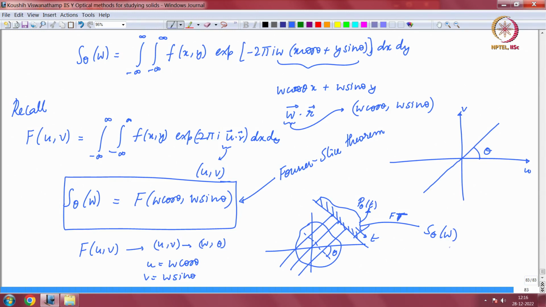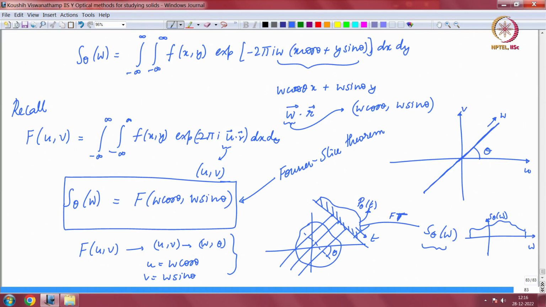So, this s theta of w, this is w and this is s theta of w, is basically giving you the value of the 2D Fourier transform along this ray. So, this is your w direction, w is like r, remember, keep this polar coordinate transformation in mind. So, you get one slice of the 2D Fourier transform from a single projection.